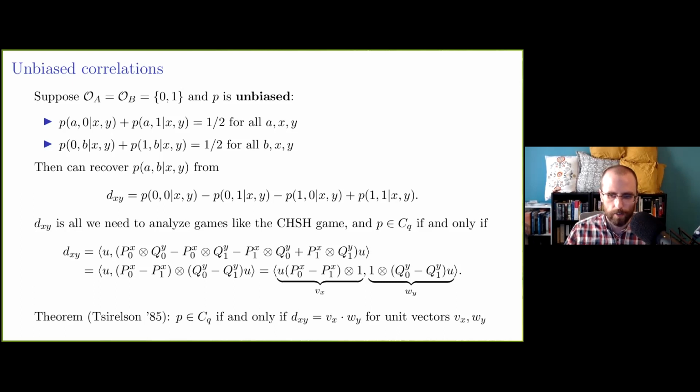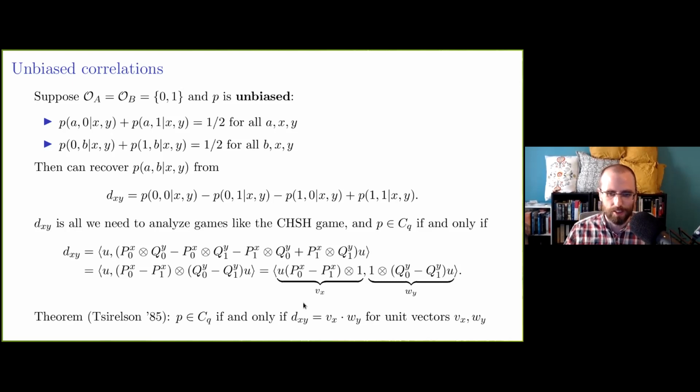I always end up not putting in the quantifiers just to save space on the slide. So what this means is that you fix d ahead of time. It's a list of numbers indexed by x and y, which are from the input sets. And then there has to exist some collection of vectors v_x and w_y such that d_xy equals v_x times w_y for all x and y, just to make sure that's clear.